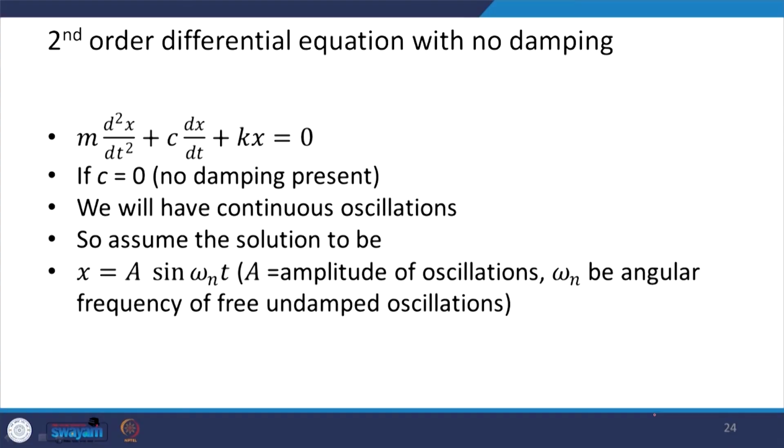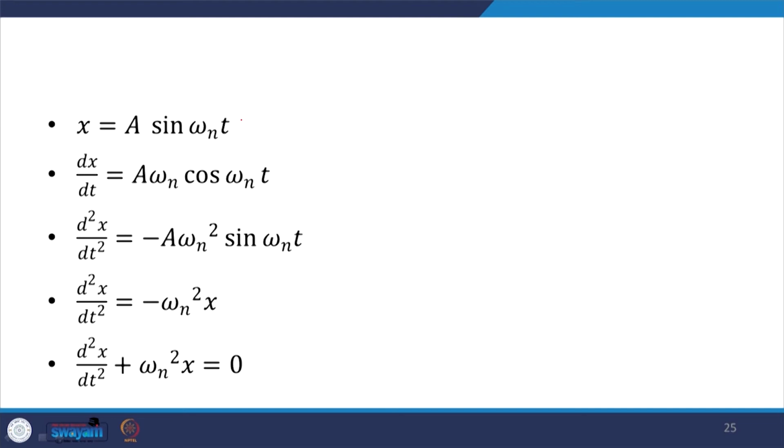Now, first let us consider the second order differential equation with no damping. If there is no damping and no input excitation, I take the input force as 0, and I can take c also as 0. Because damping is not there, we will have continuous oscillations, and we can assume the solution of the form A sin omega n t.